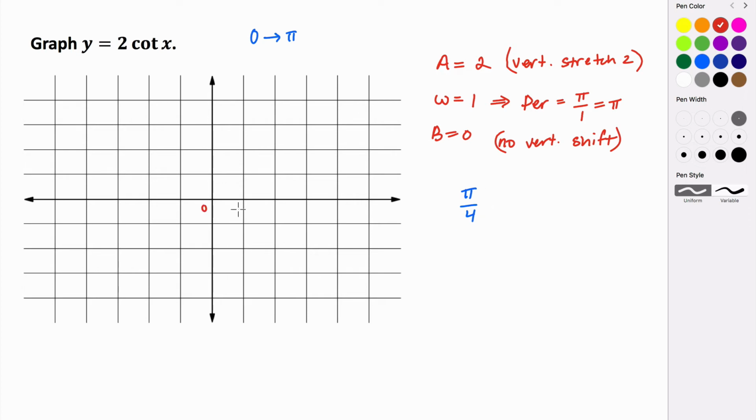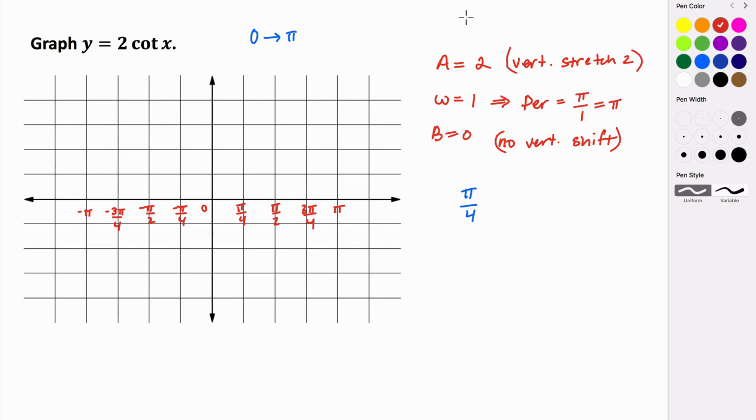So 0, pi over 4, 2 pi over 4 is pi over 2, 3 pi over 4, 4 pi over 4 is pi, and then we can also go in the negative direction. So we have negative pi over 4, negative pi over 2, negative 3 pi over 4, negative pi.